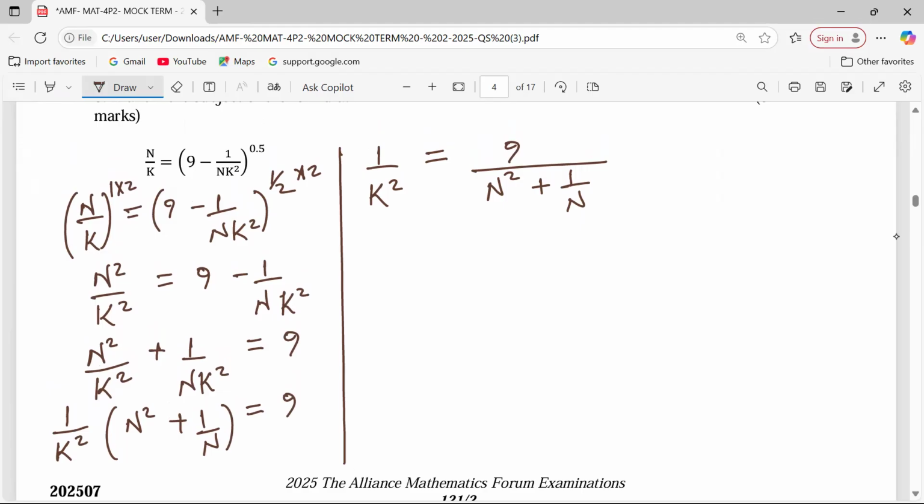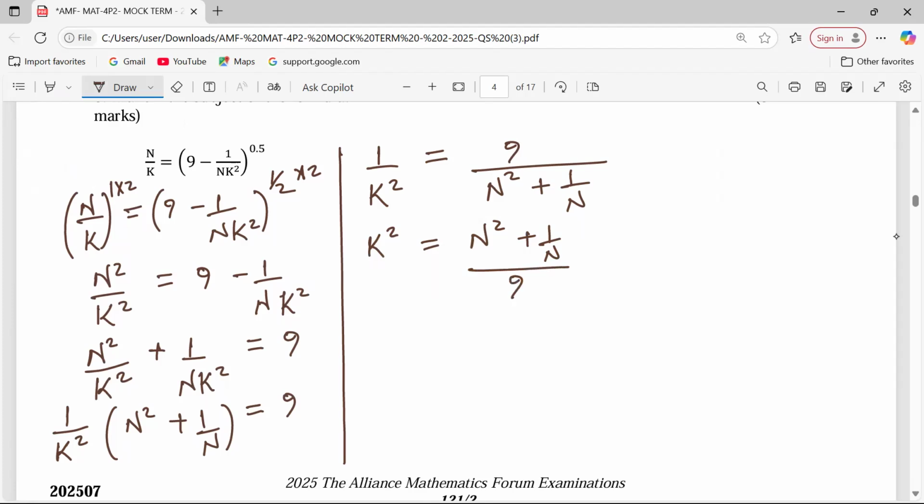So if 1 over k squared equals 9 out of all that, this is an indication that we can also take the reciprocal now on both sides. Obtaining reciprocal on both sides will give us k squared is n squared plus 1 over n divided by 9.